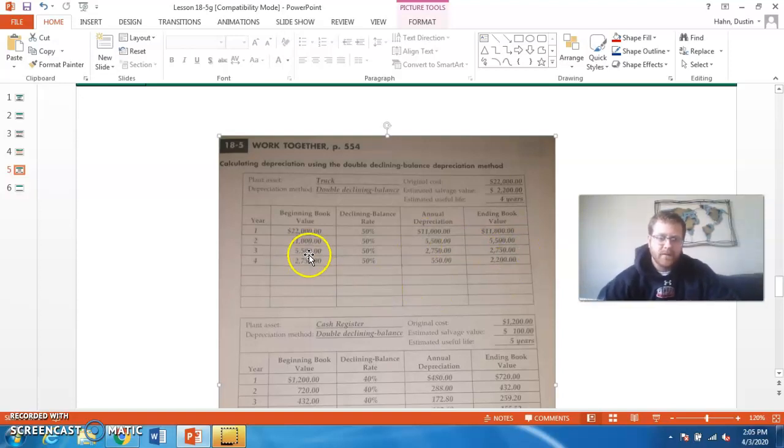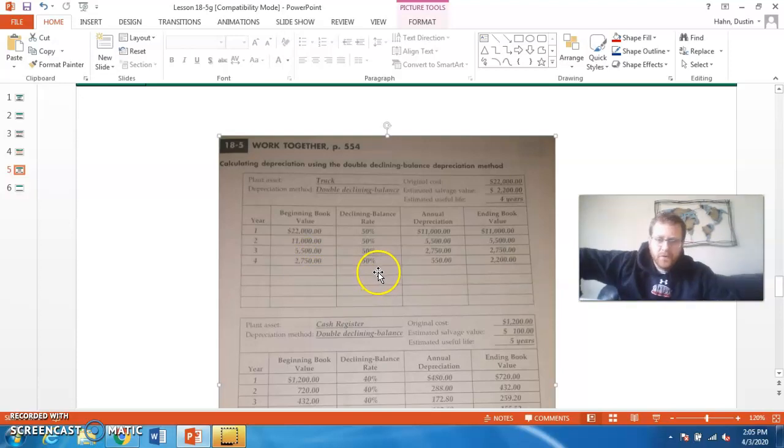Bring $5,500 down to your beginning of year 3. Cut that in half again because that's 50%. So now that equals $2,750. $5,500 minus $2,750. Here's your ending book value for year 3. To start year 4, bring that $2,750.